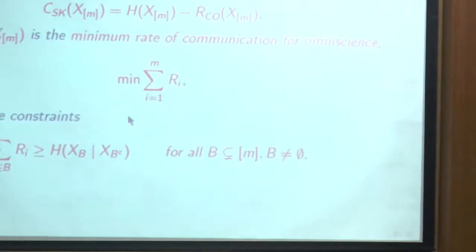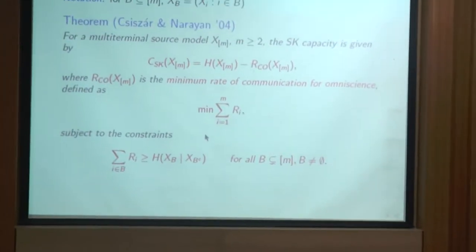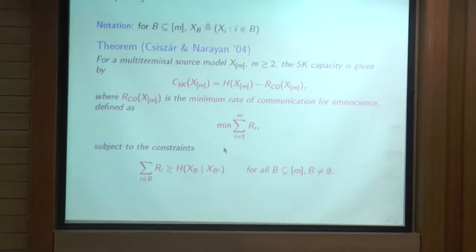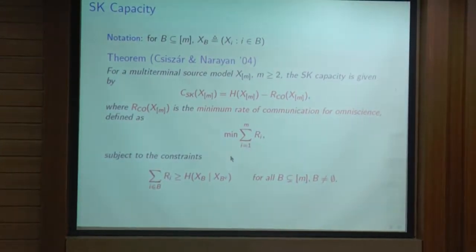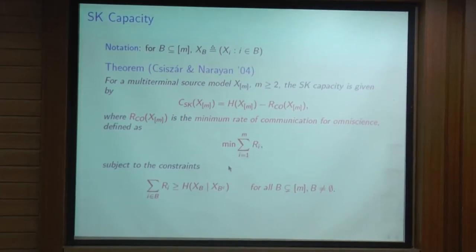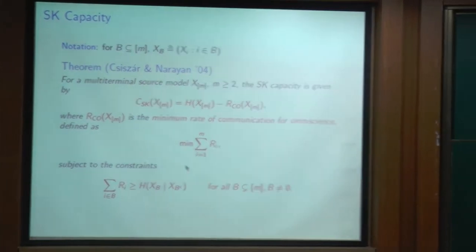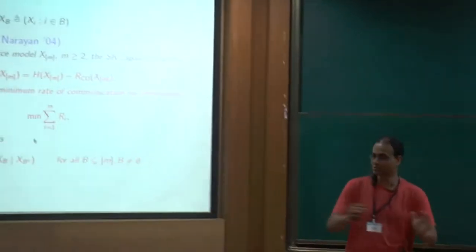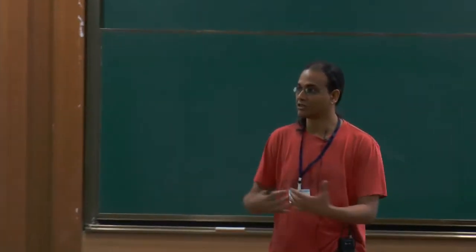Maybe I will say one thing here, that the way this theorem is proved, the achievability is done in the following fashion. You allow all the terminals to communicate at this minimum rate of communication for omniscience in such a way that all the terminals do get omniscient, and from then you apply a common hash function. So every terminal now has the entire observations, X_1^n, X_2^n, up to X_M^n, available with high probability, and you apply a common function to all of them.